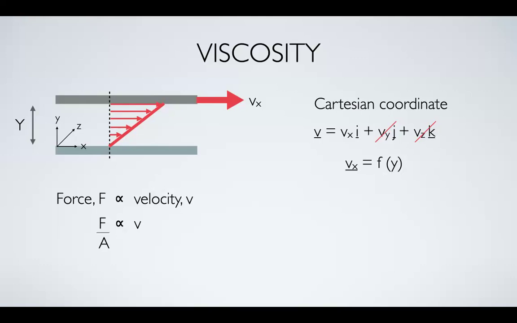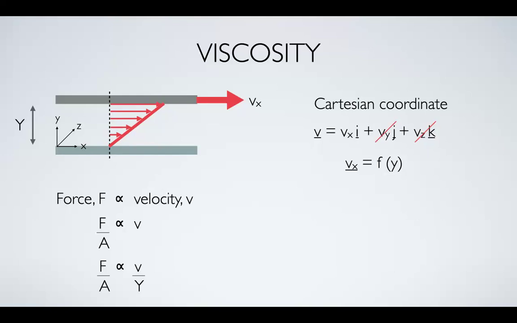So in this case, I'm going to write y, which is the gap between the top and the bottom plates, as inversely proportional to the velocity. So we have a correlation, this one. Now let's make a complete equation.